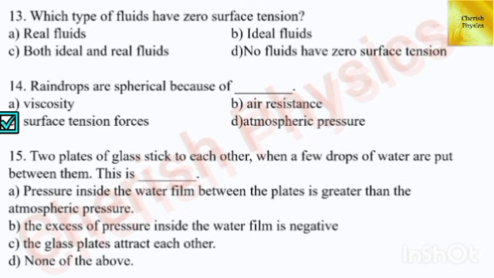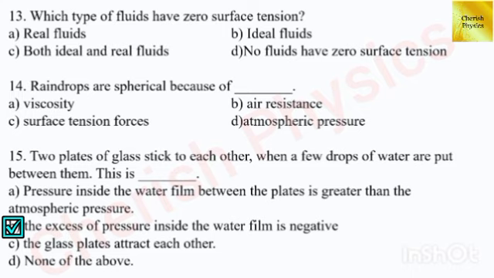The answer is surface tension. 15th question. Two plates of glass stick to each other when a few drops of water are put between them. This is because of dash. The answer is the excess of pressure inside the water film is negative.